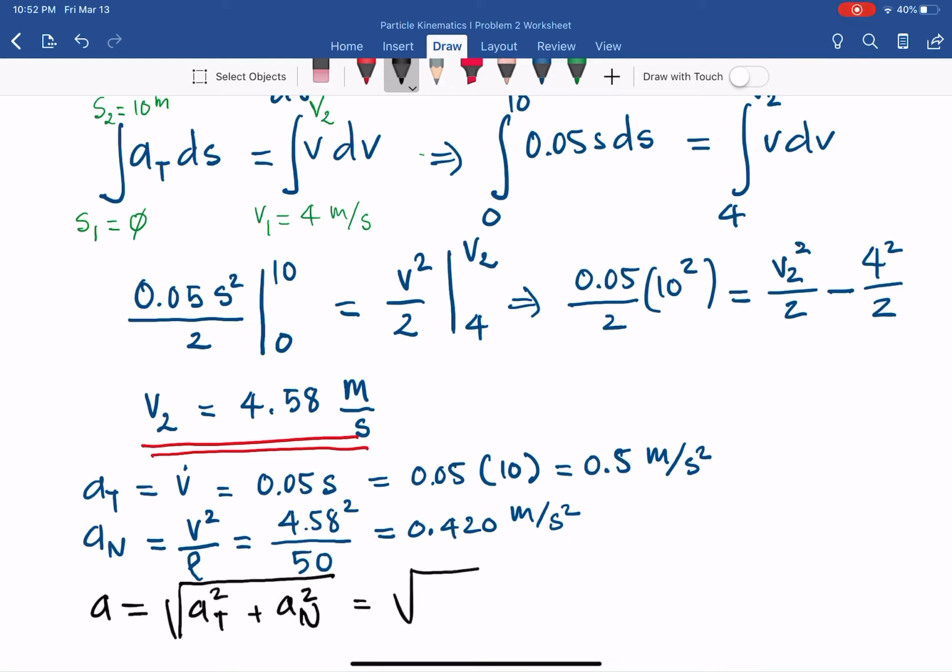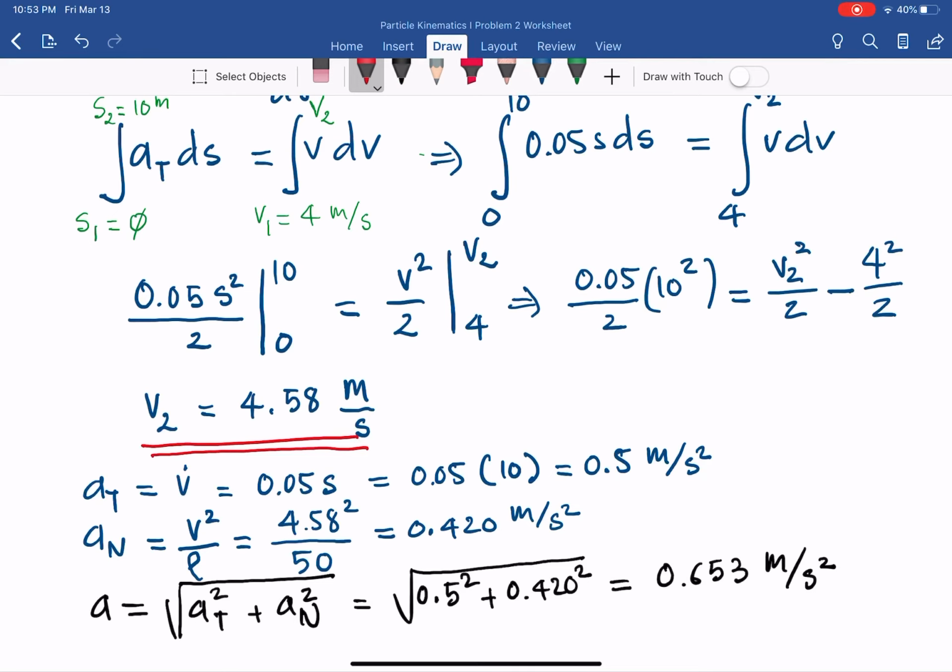Plug in, it will be 0.5 squared plus 0.420 squared, and with that we get 0.653 meters per second squared, and that is the magnitude.